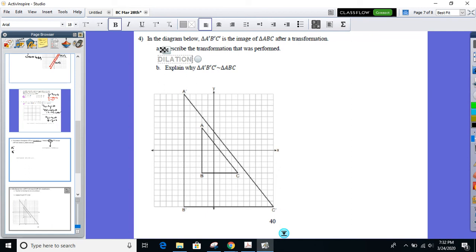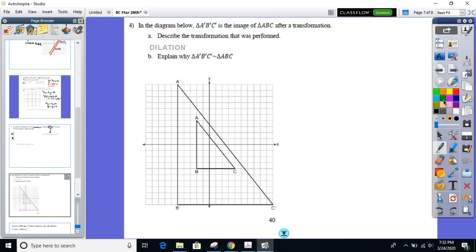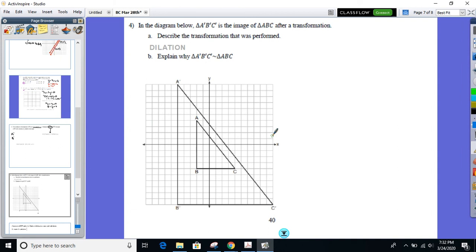A dilation of what? So how can I find the scale factor? All right, same way we did in the similar triangles unit. You need to compare the lengths of two corresponding sides. So for instance, BC is 1, 2, 3, 4, 5, 6 units long. And B prime, C prime is 15 units long.